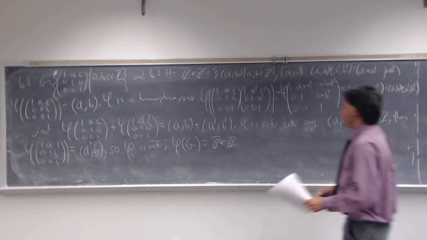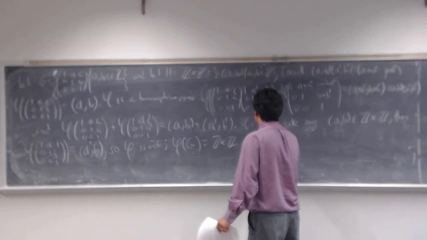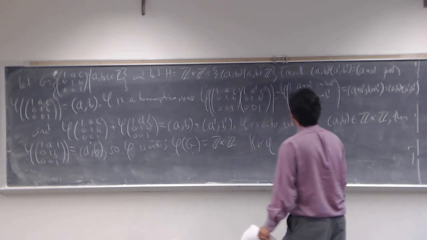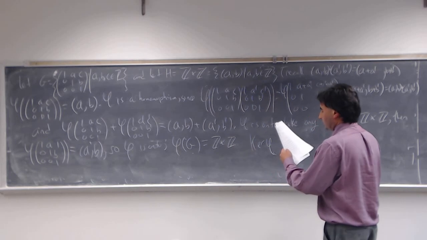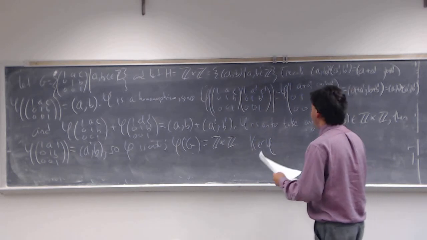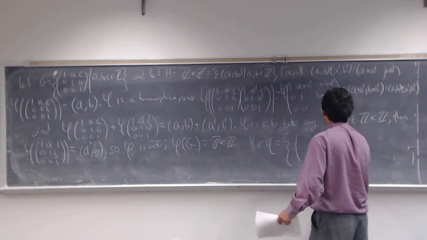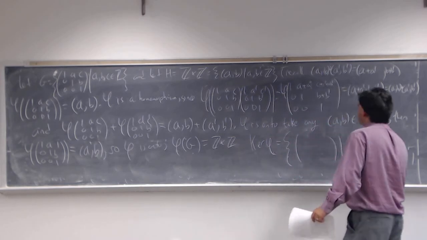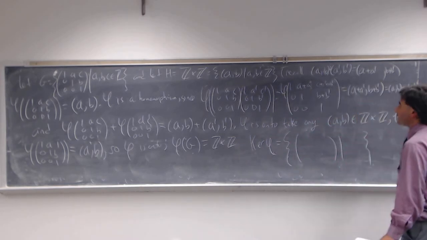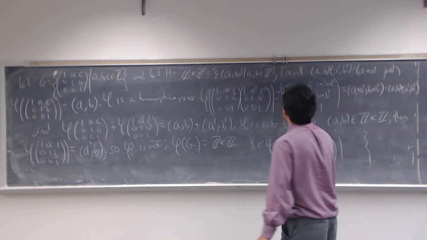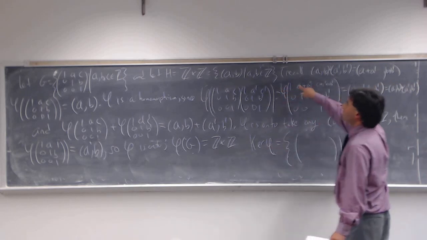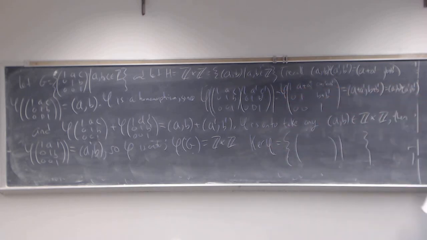What about the kernel? The kernel of phi is equal to what? Well, let's think about this. What is the identity? Remember, the identity in Z cross Z, the identity in a product group, is the identity in one, comma the identity in the other.